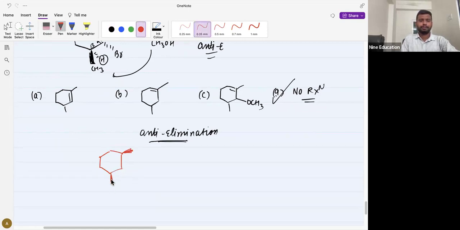I need here beta hydrogen which is anti to Br, but I am not getting it anywhere.